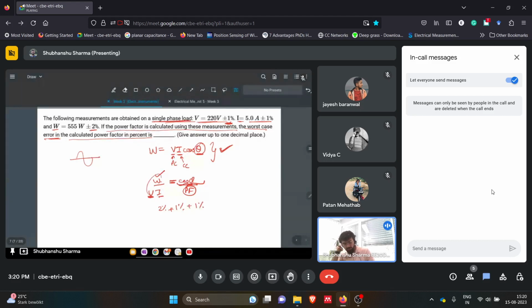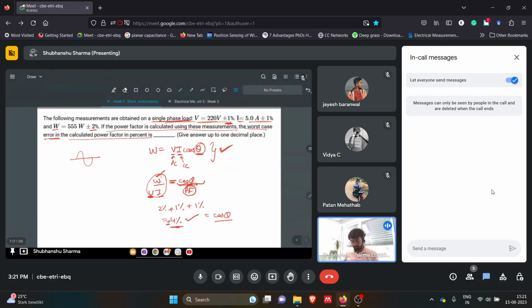So this all gets added up, and we'll have a 4 percent error in cos theta. So whatever the power factor measurement will be shown by this meter, there will be an error of plus minus 4% in that.